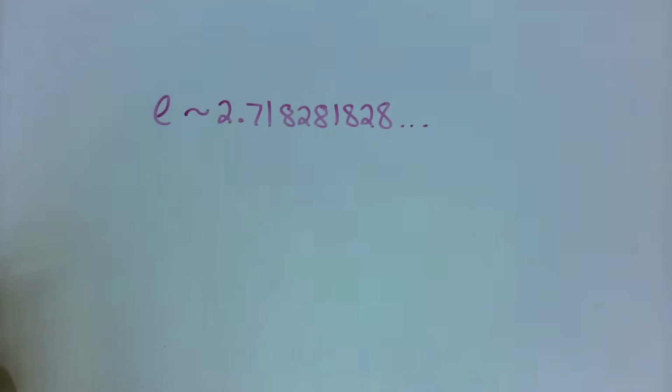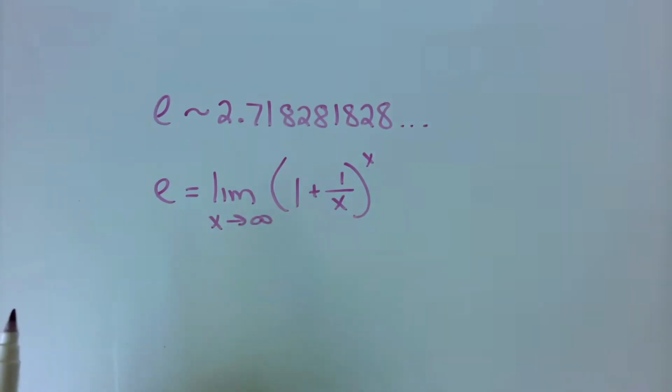The value of e is approximately 2.718281828, and it is irrational, meaning it goes on forever and it never terminates and it never repeats. And technically, the definition of e is the limit as x approaches infinity of 1 plus 1 over x, all raised to the x.